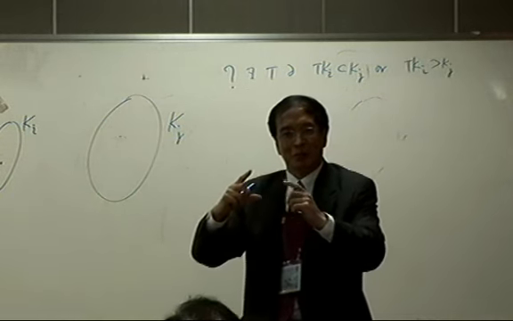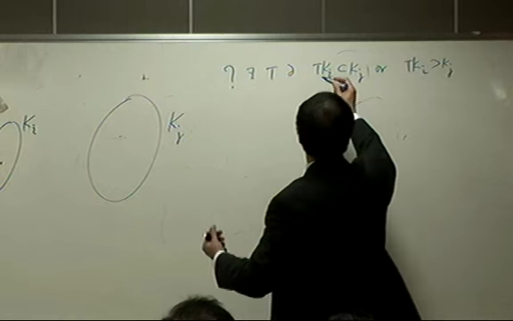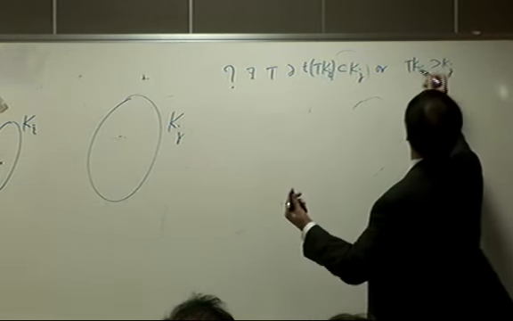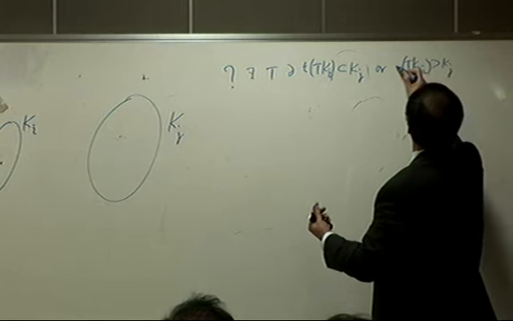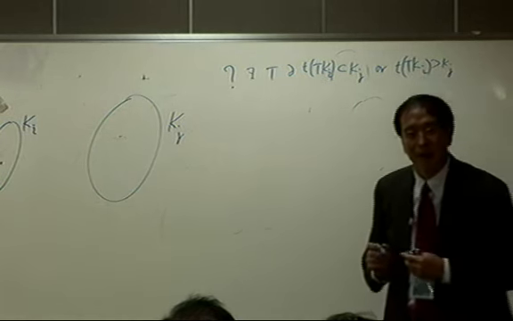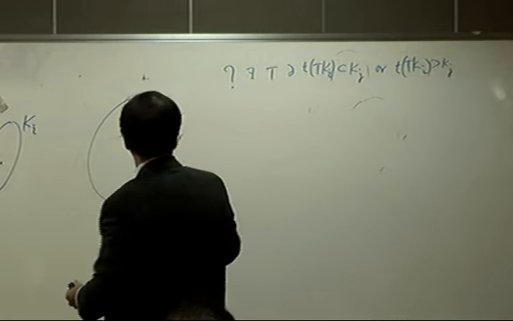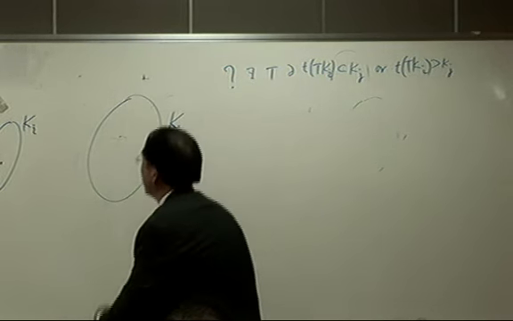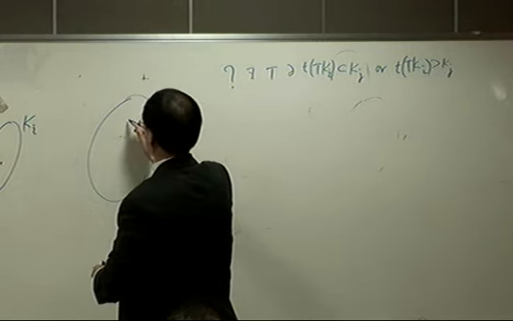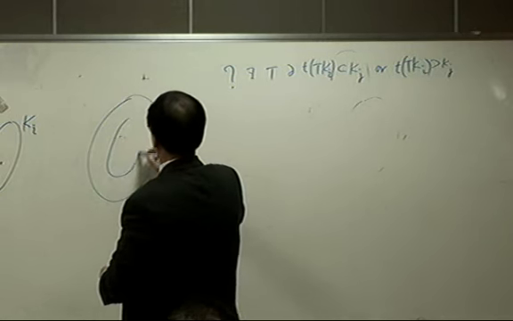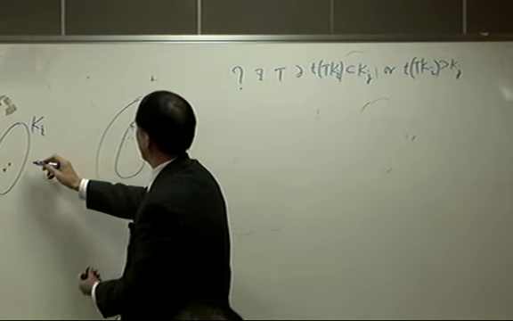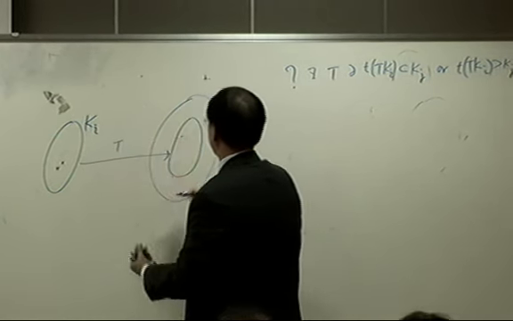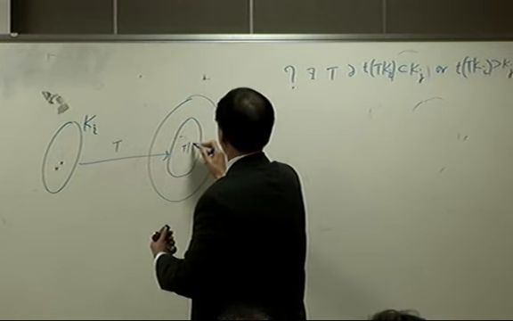Maybe the dilation, okay? So we can add a dilation here. We move the dilation. For example, this is just a translation. If we have one here, this is a T, then this is a TK.